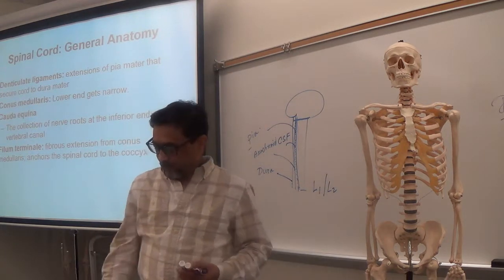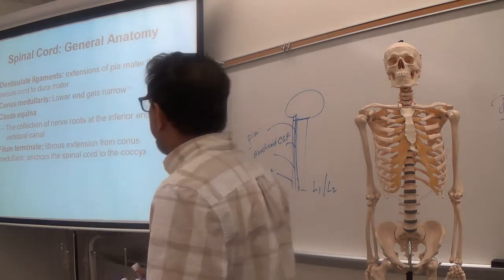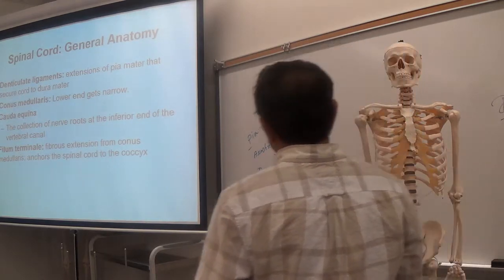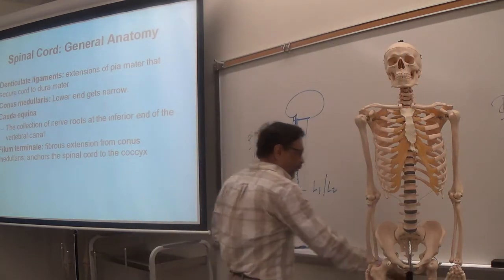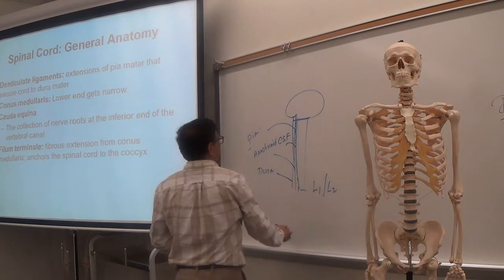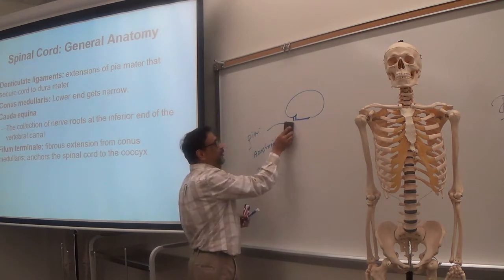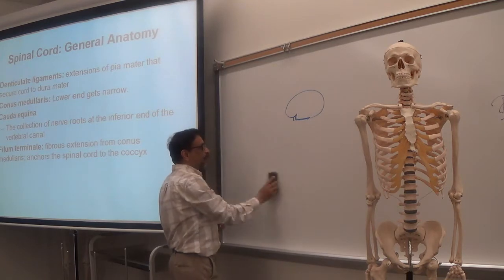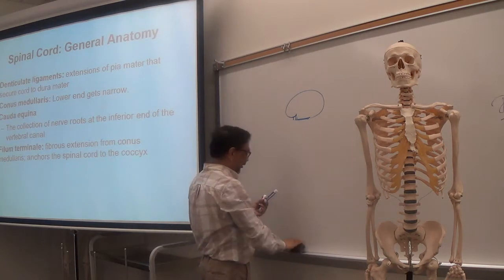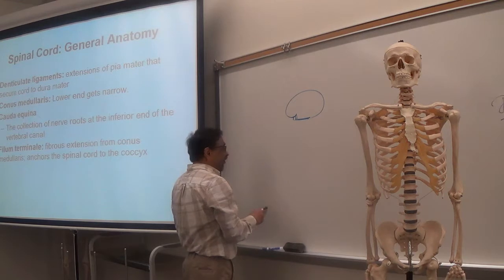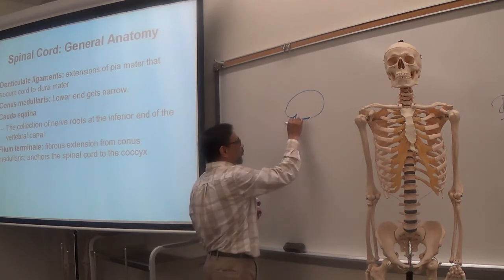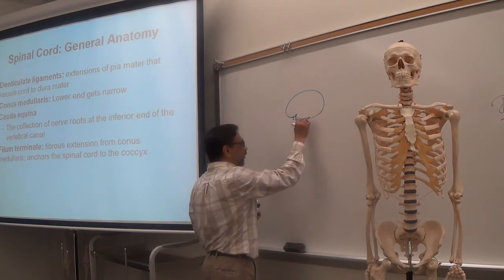Now, if you see the spinal cord, in two locations, the spinal cord is slightly wider, expanded. So it is like this. This is the spinal cord.